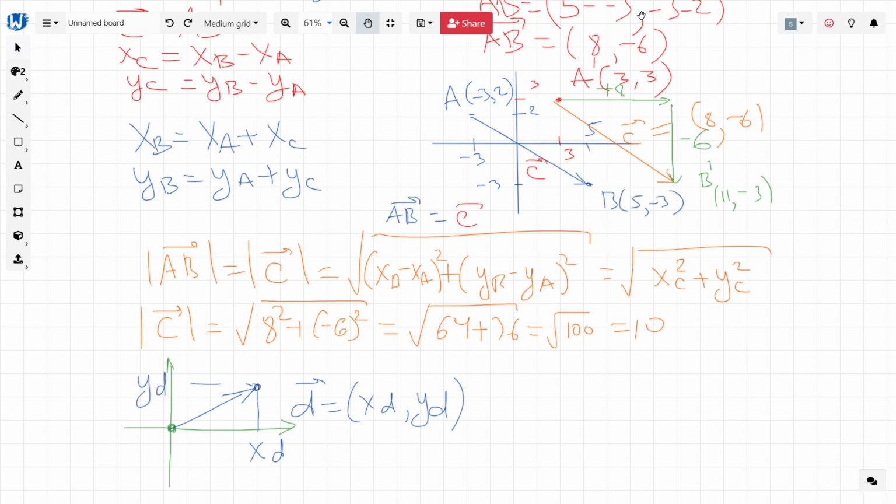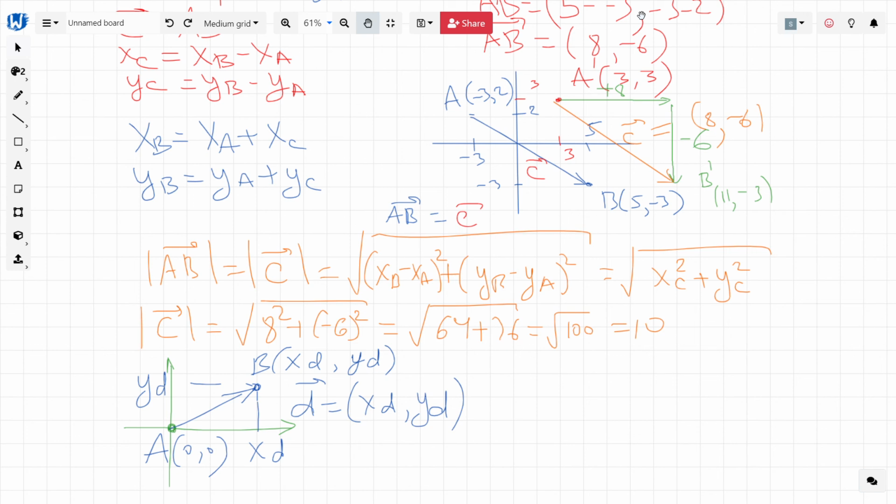So if this is my A at point (0, 0), B is going to be at the point xd, yd. So we find that the coordinates of the vector and the coordinates of the end point are actually the same.